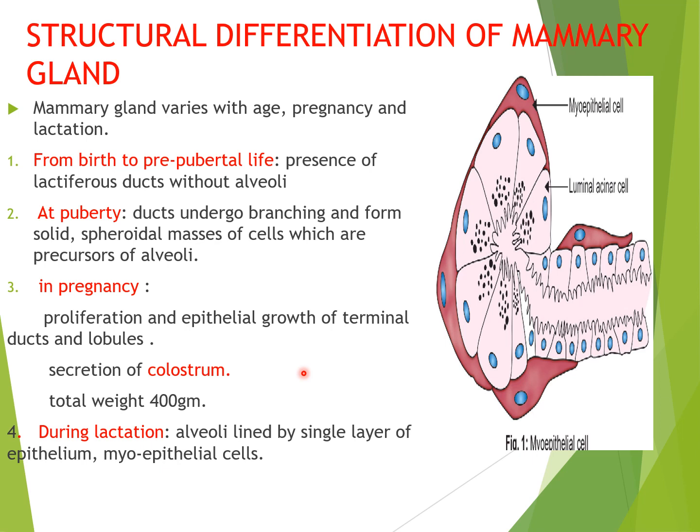Then we have maternal estrogen. The circulating maternal estrogen in neonates of both sexes, through the placenta, stimulates the ductal epithelium of their breasts to secrete a fat-free fluid in the first 1 or 2 weeks after birth.